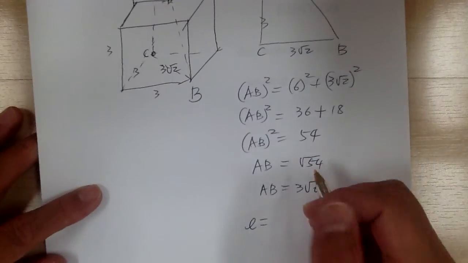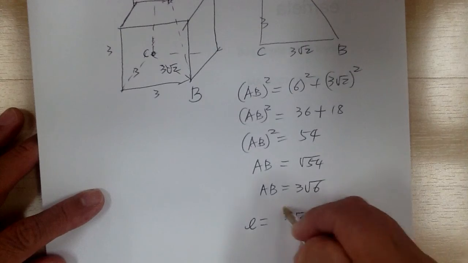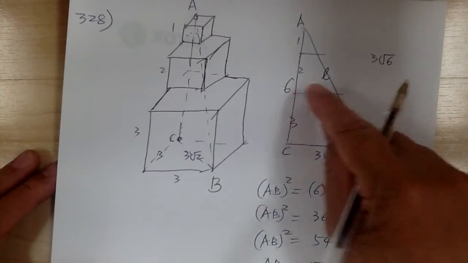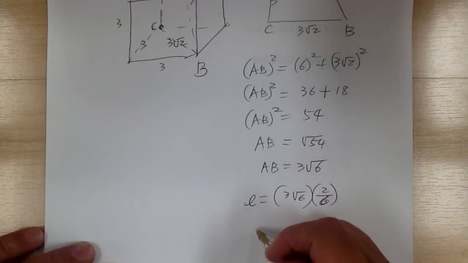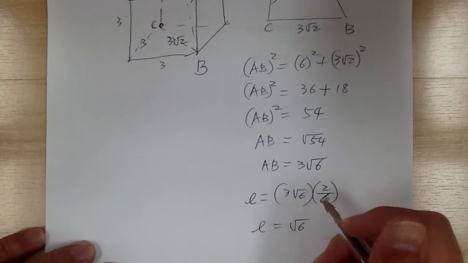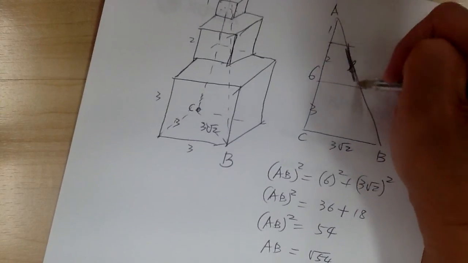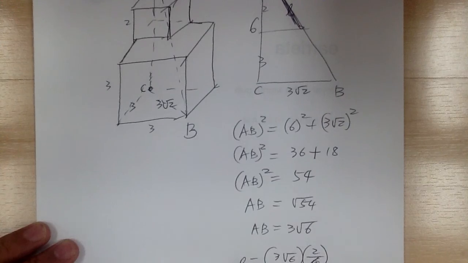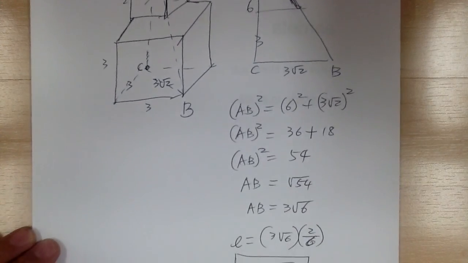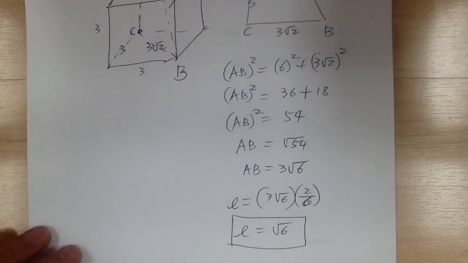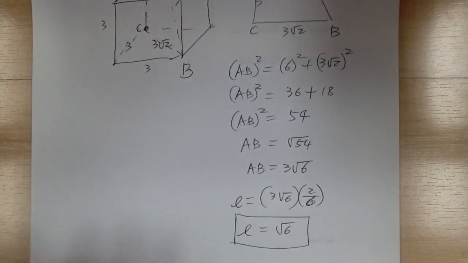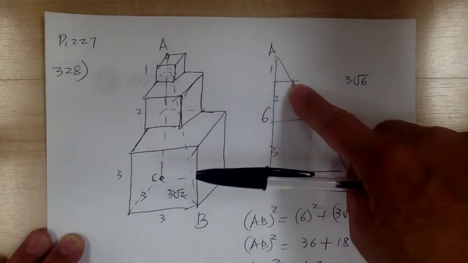So it'd be 3 square root of 6 times 2 out of 6. And if you simplify, you get square root of 6. So this length over here, just this part, would be equal to square root of 6.